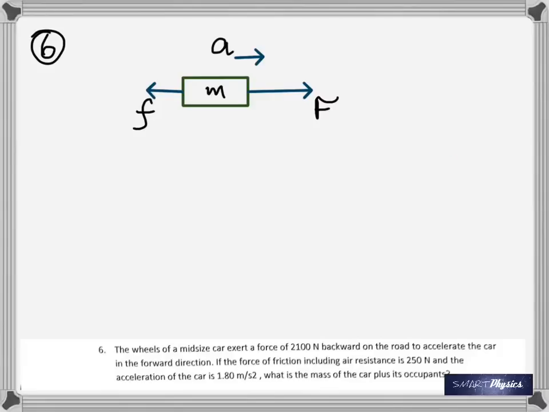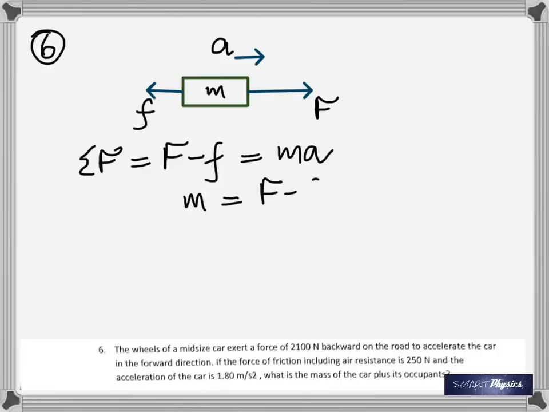The applied force, you see, that the tires are applying, making it go forward. Friction is always opposite, and the acceleration is in this direction, isn't it? The car is moving forward. So the net force would be equal to mass times acceleration, but in this case, the net force is capital F minus small f, which is equal to mass times acceleration. Mass is this simple algebra.